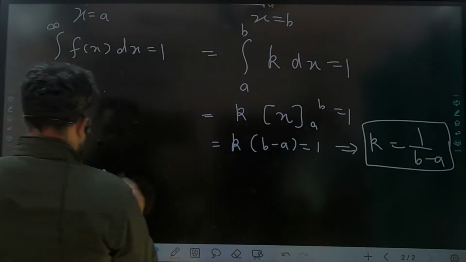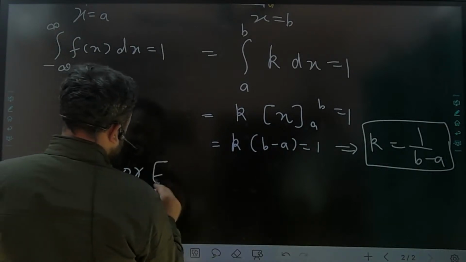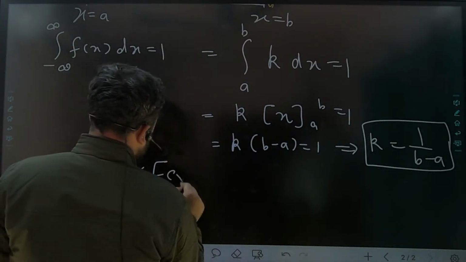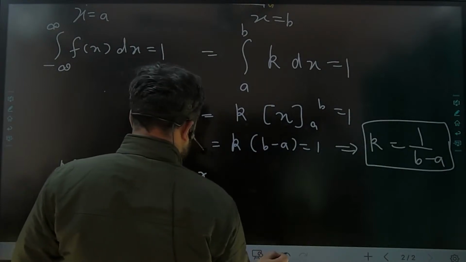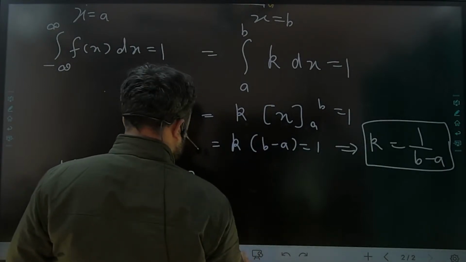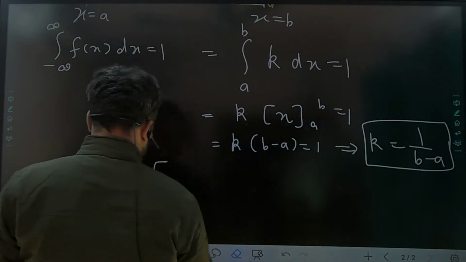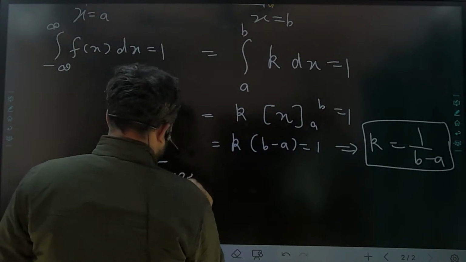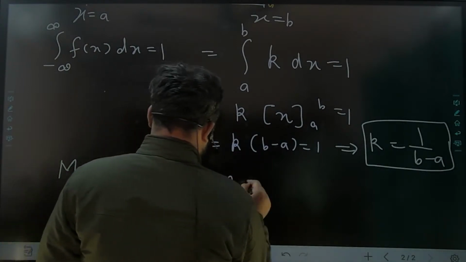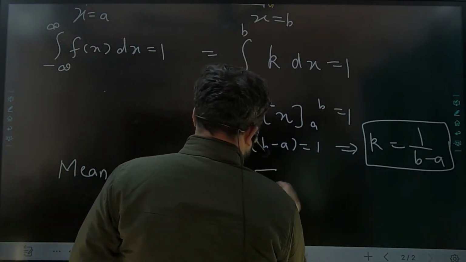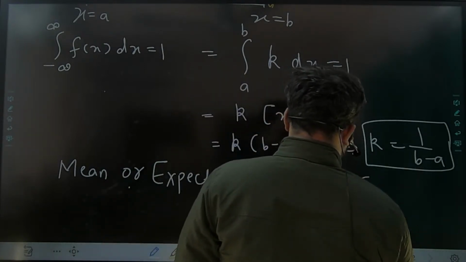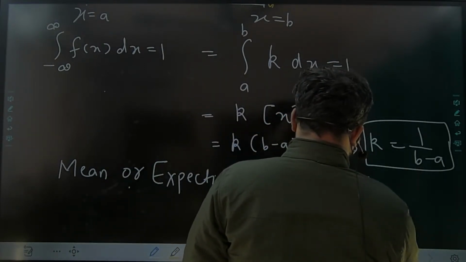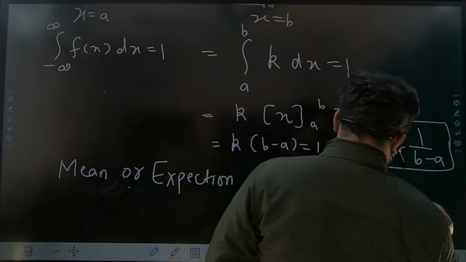the mean is always the expectation of this function, or this distribution. The general formula for a continuous variable is the integral from minus infinity to plus infinity of x f of x dx.